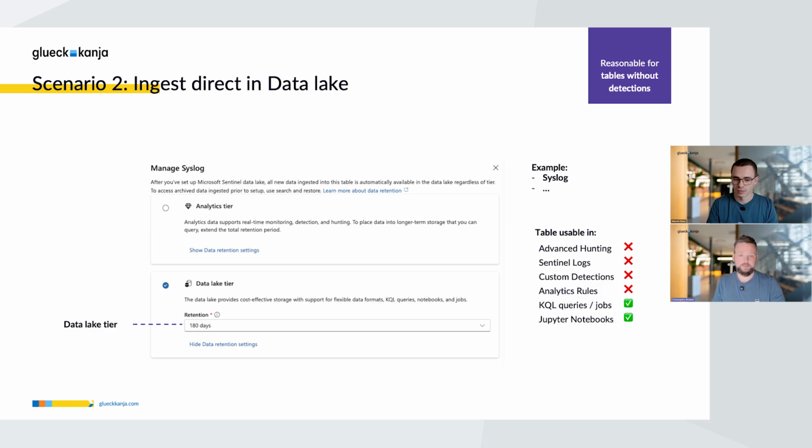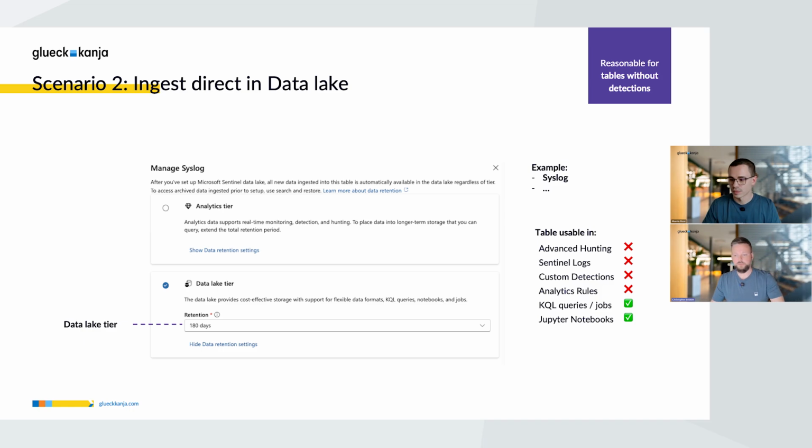This is reasonable for tables where you have not many detections or even no detections. And if you have some detections for it, this is maybe a use case for the KQL jobs. We will come to them in a sec.